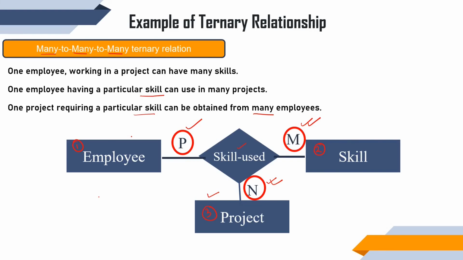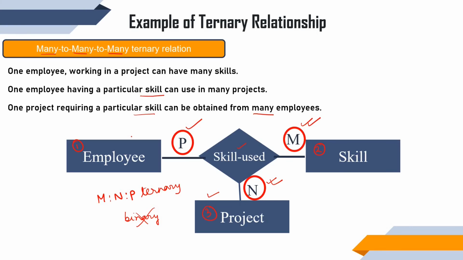relationship. See, in real-life problems, you will often get this kind of ternary relationship because binary relationships will not be sufficient. Understood, my dear students? So in that case, you have to make use of the ternary relationship concept. I have taught you how you can find out the cardinality of a ternary relationship.